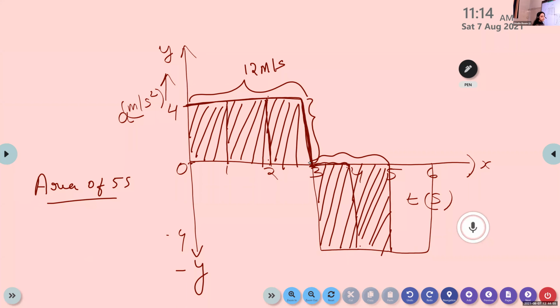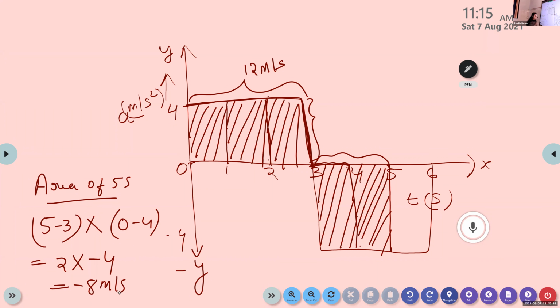The breadth is from 5 minus 3, and the length is from 0 minus 4. That is equal to 2 into minus 4, that is equal to minus 8 meter per second.